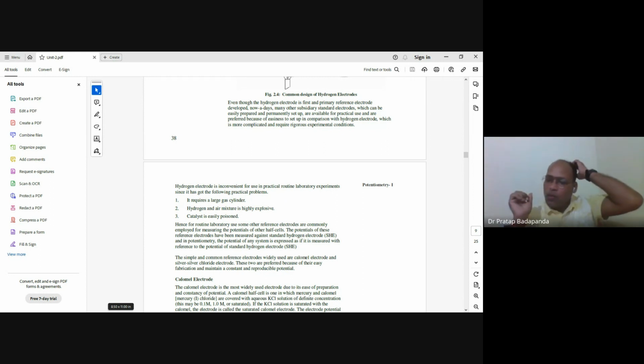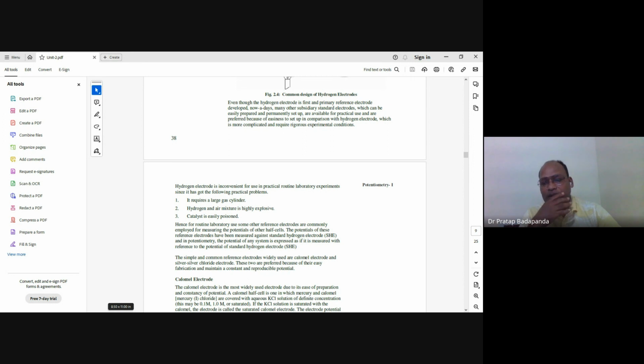Poison means something that reduces the activity of a catalyst. Something that enhances the activity of a catalyst is known as a promoter. So there are two types: poison and promoter.